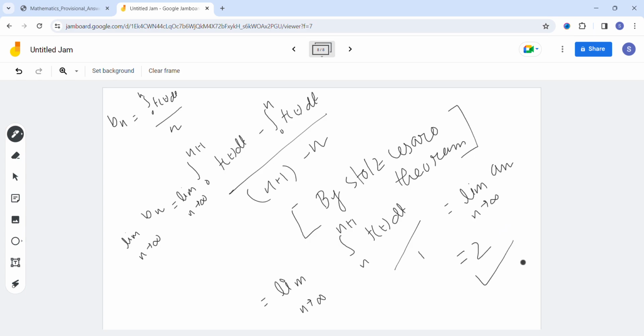So the limit of that sequence of integrals exists, and the value is exactly 2. So here the important role is played by the Stolz-Cesaro theorem. If you know it, then you can directly solve this problem. This is pretty obvious. So that is exactly the solution.